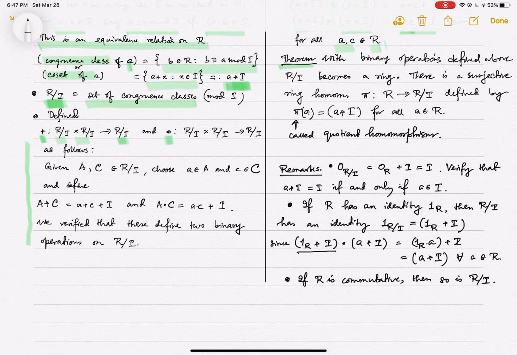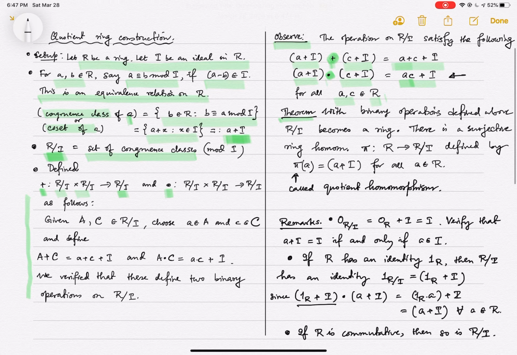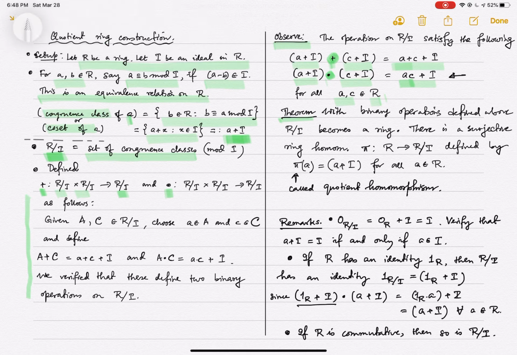And to process all this, we should work through the definition that we have seen when R is Z and I is an ideal n times Z. So probably we can work it out here.